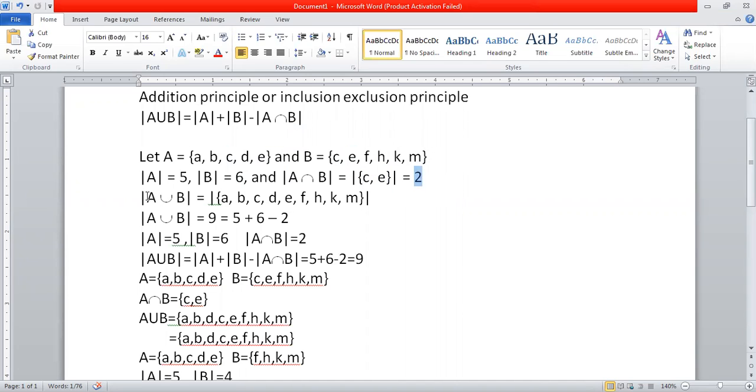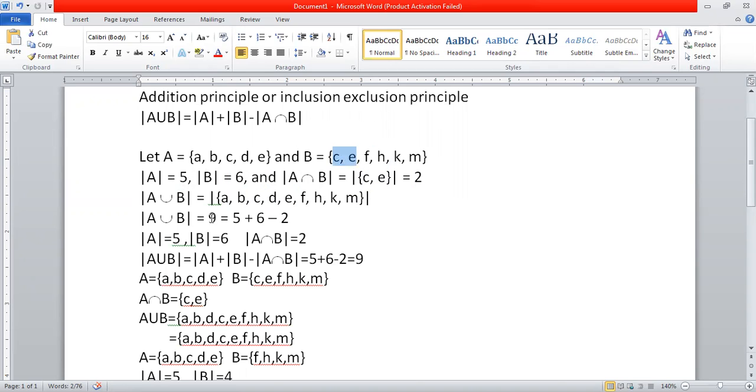So now what is A union B? A union B means A के पूरे elements a, b, c, d, e. Then we have the elements of B, but those elements which are already included are subtracted. c, e include हो चुका है तो इसको subtract कर दिया. Minus 2 elements. Now we are left with f, h, k, m. तो यहाँ के पूरे एलिमेंट्स, यहाँ के पूरे एलिमेंट्स और जो कॉमन एलिमेंट है उसका एक सेट रिमूव करना है, तो ये रिमूव कर दिया.